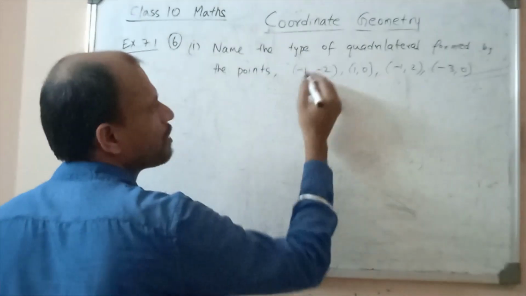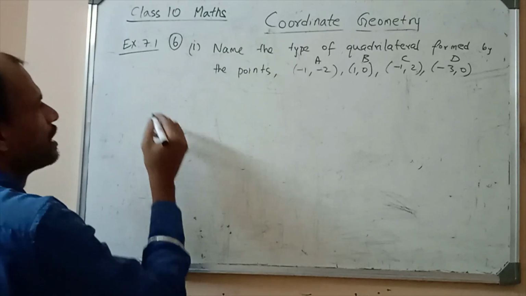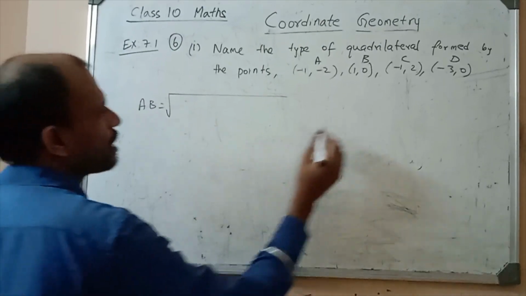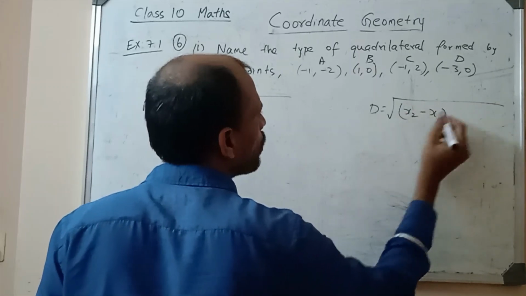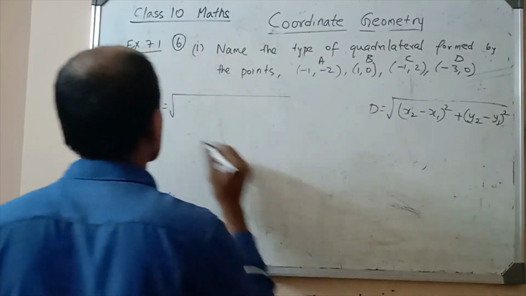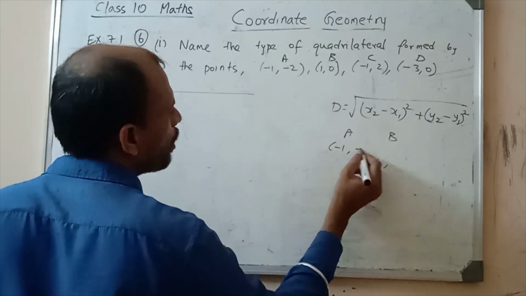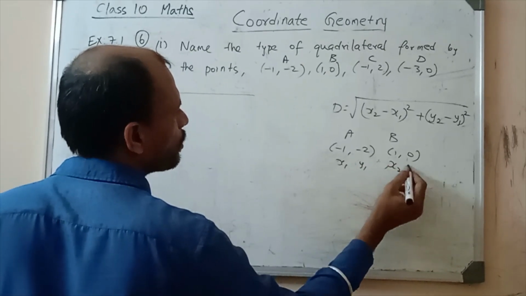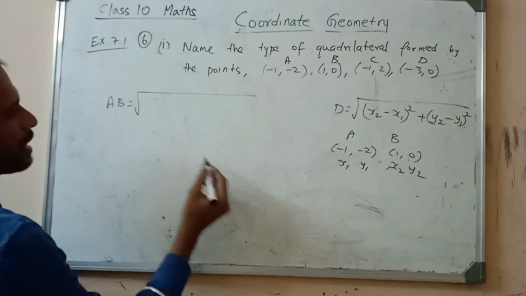So first of all, name these vertices A, B, C and D. Now let us find the distance AB. So AB is equal to root over, write the formula first: distance formula is root over x2 minus x1 the whole square plus y2 minus y1 the whole square. Now we are going to find the distance between A and B. So A is (-1, -2), B is (1, 0). This is x1, y1, this is x2, y2. Now x2 minus x1: x2 is 1, x1 is minus 1.